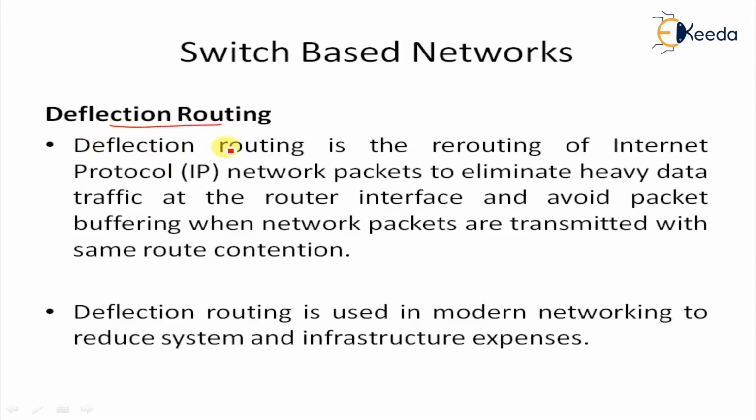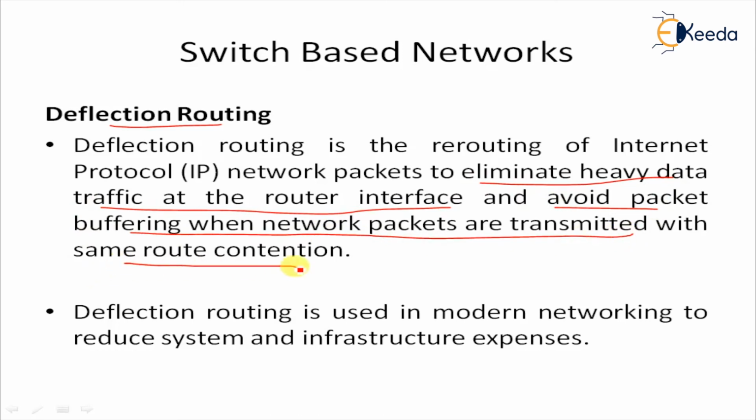Deflection routing. Deflection routing is a kind of rerouting of internet protocol network packets to eliminate heavy data traffic at the route interface and avoid packet buffering when network packets are transmitted over the same route connections. Many scenarios happen when a single link is there or multiple data is transmitted to a single route.